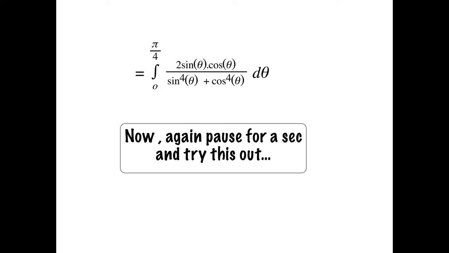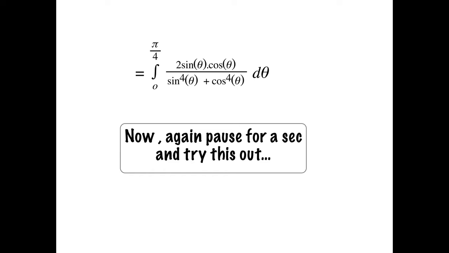As I have done in the numerator, you can see that I've expanded sine 2 theta as 2 sine theta times cos theta. Now again, I would like to request you to pause the video for some moments and try this integral. Just try to simplify this stuff, and after that only play the video. If you want to just enjoy the video, then please play the video.